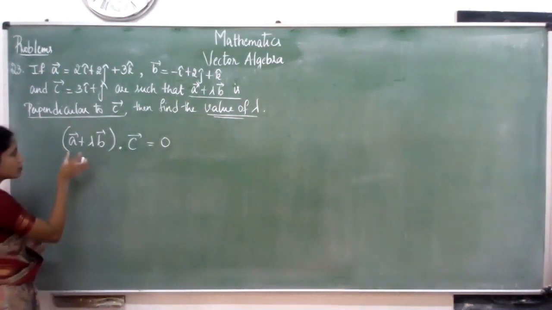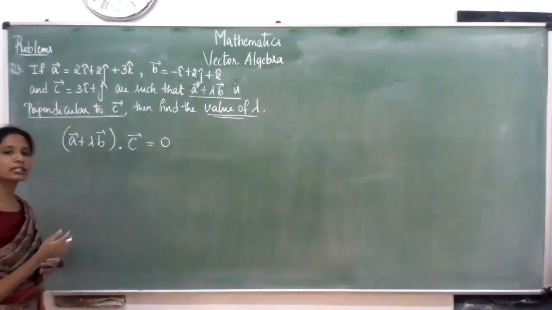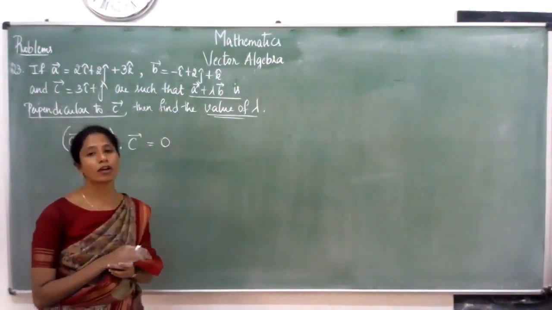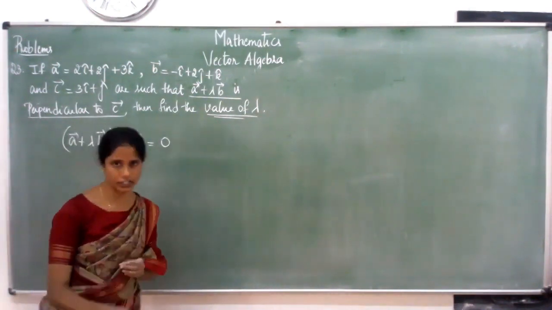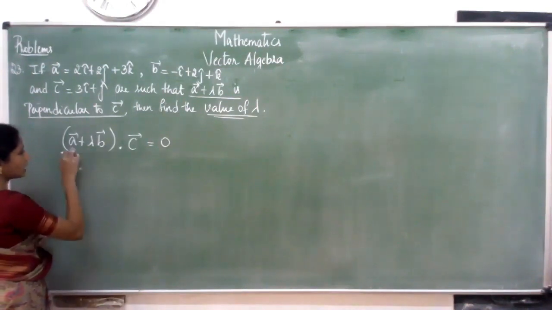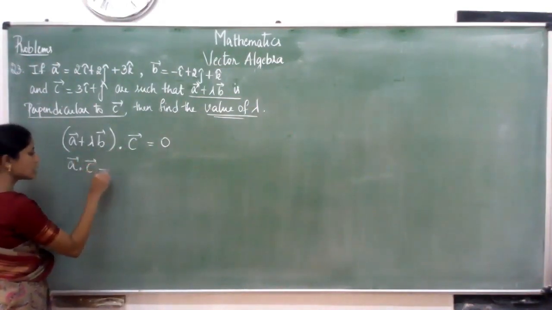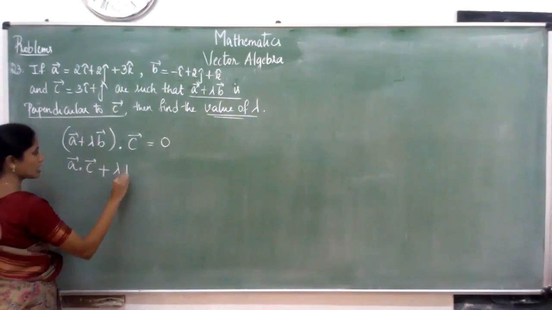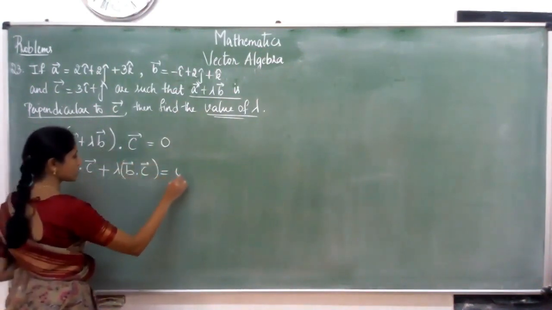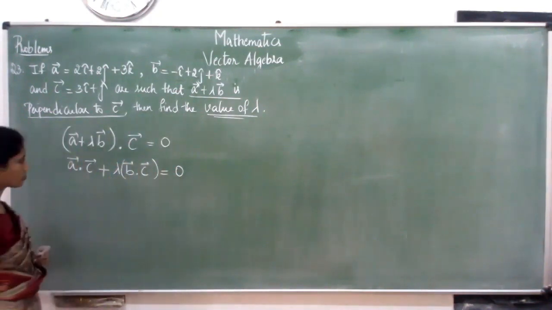So in order to simplify this, what I am doing is, and we have already seen in the observation that the dot product is distributive over addition. I am going to apply the same thing. Therefore, this is vector A dot vector C plus lambda times vector B dot vector C, which is equal to 0.